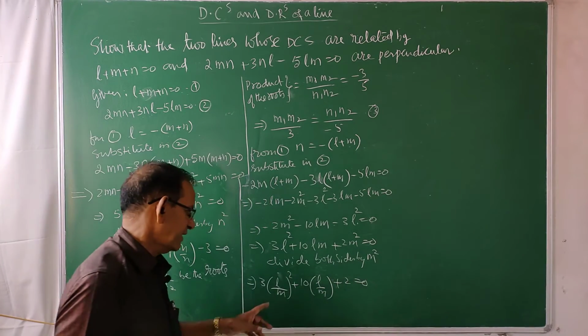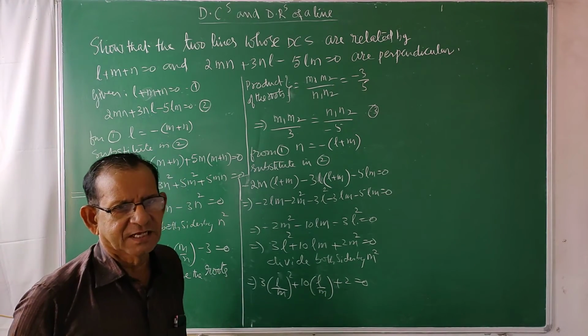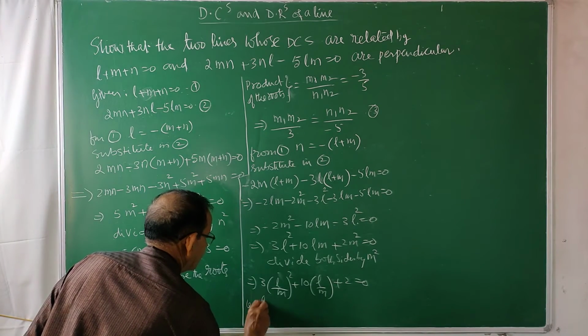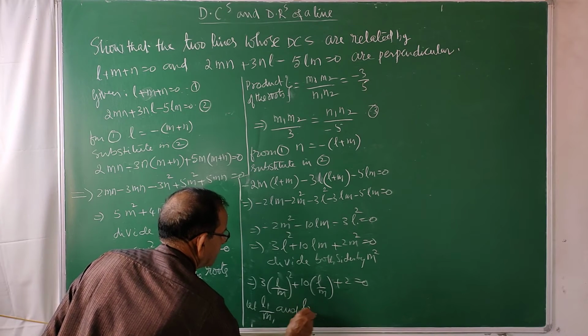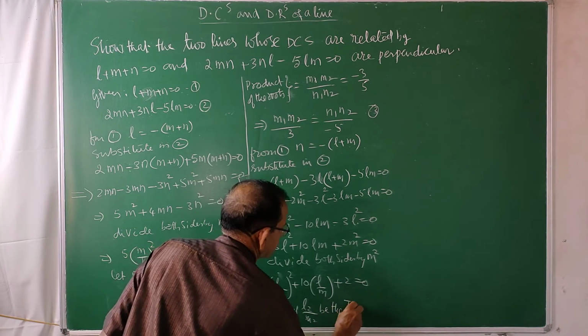Now it is a quadratic equation in L by M. Let us take the two roots of this equation as L1 by M1 and L2 by M2.